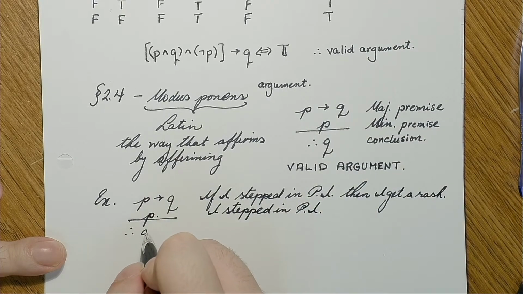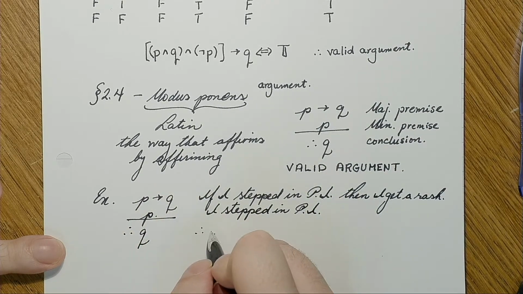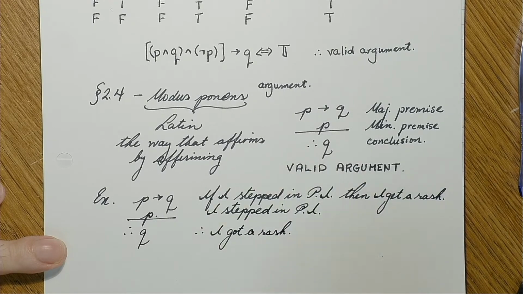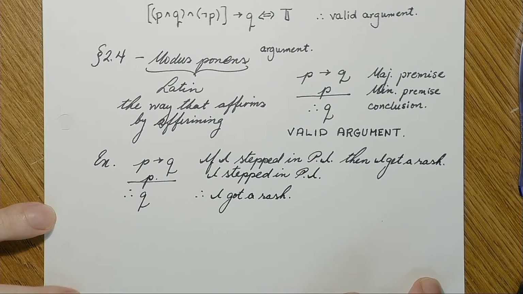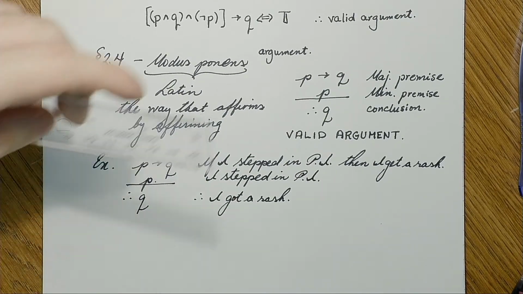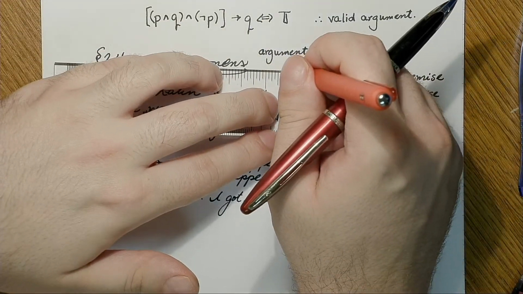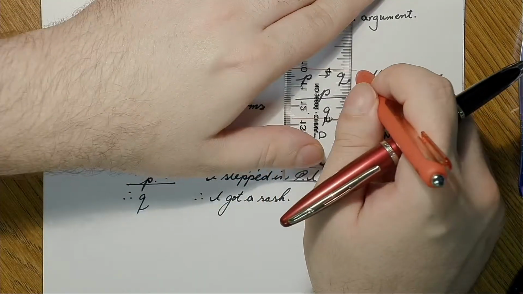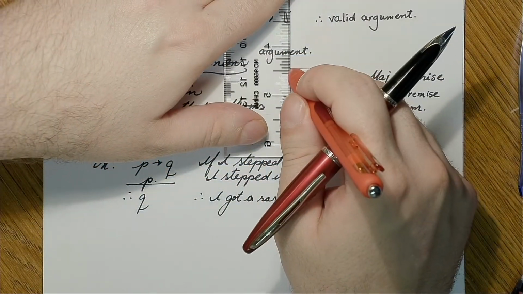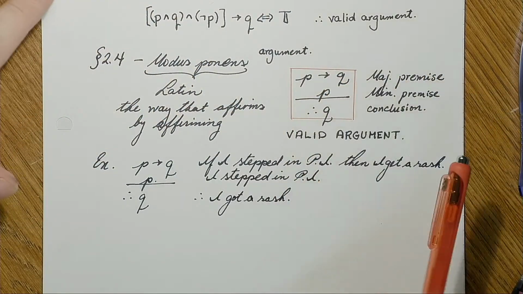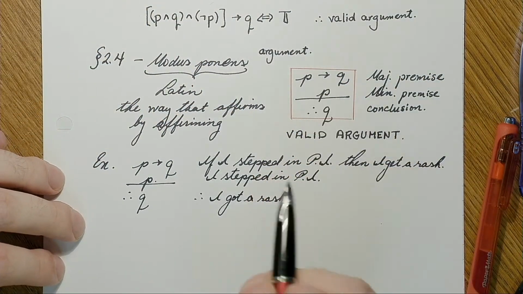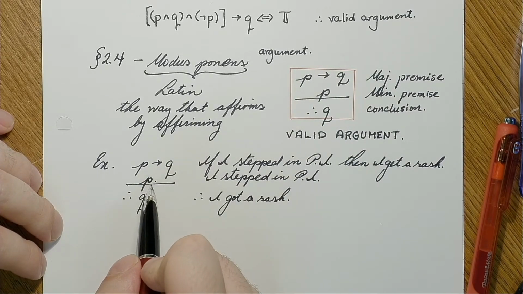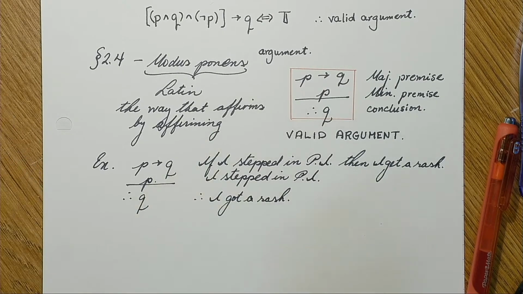So therefore, I got a rash. Okay, so what it's saying is definitely that there's a cause and effect. Then you have the cause, therefore the effect shows up.